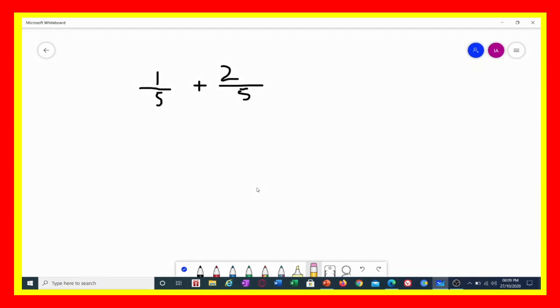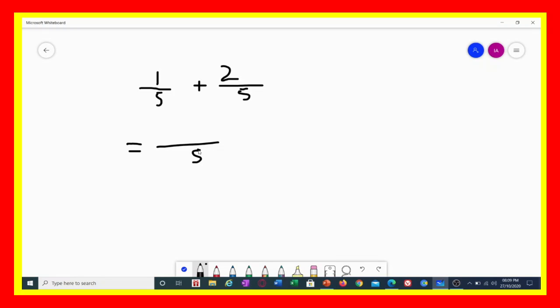So for example, we take these two fractions, 1 divided by 5 and 2 divided by 5, and we want to add these two fractions. So what we will do, the denominator is common in this case, the same 5 already.